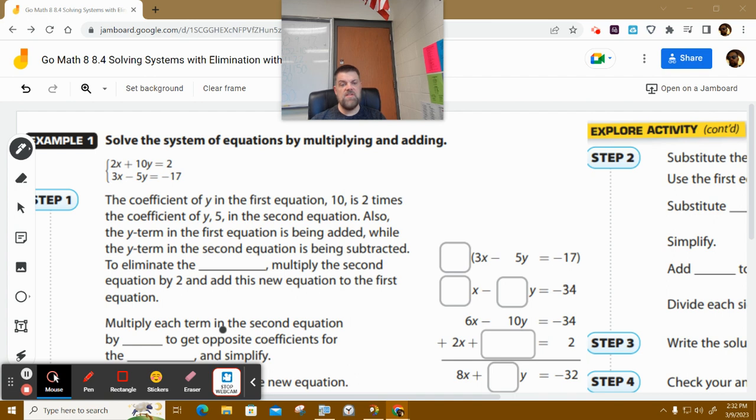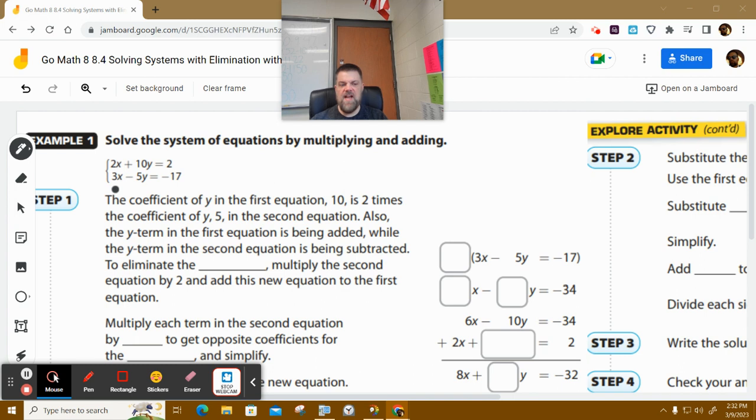So in order to do that, is there a potential there? In other words, if I multiply one of the equations by something, can I make an opposite? If you multiply the second equation by 2.